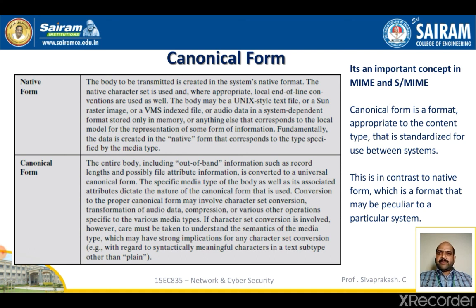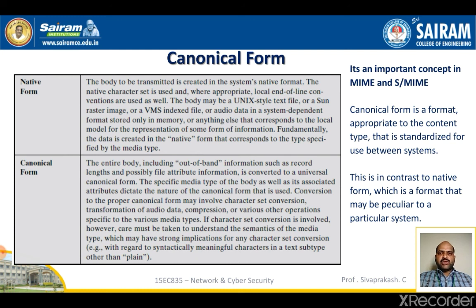In the canonical form, the entire body, including out-of-band information such as record length and possibly file attribute information, is converted to a universal canonical form. The specific media type of the body as well as its associated attributes dictates the nature of the canonical form that is used.